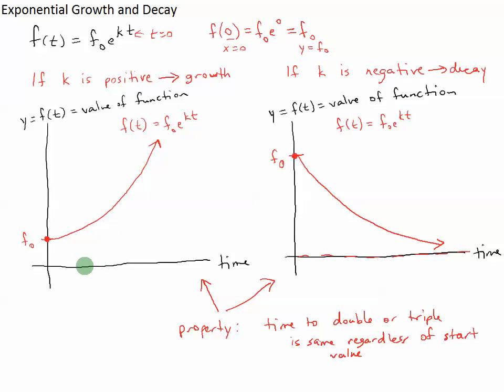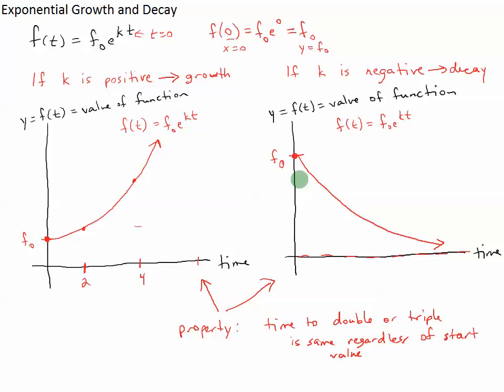For example, if I start at this time and go to this time, let's say this is 2 years, this is 4 years, if my y value from here to here doubles, then I know every 2 years my y value is going to double. If in this time the y value triples, this y value is multiplied by 3 to give you this y value, then I know every 2 years my y value triples.